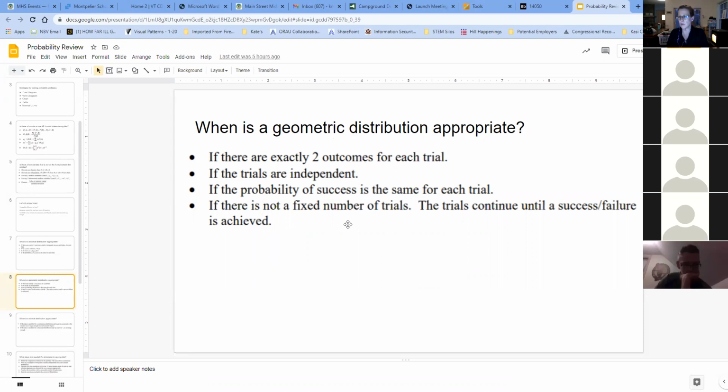Or you're going to, I don't know, keep on doing your homework until you get an A. So much of it is the same. The binomial part, 2 outcomes, yes or no. The independent part, the I for BINS, and we've got the probability of success is the same for each trial. Those things are all the same as binomial, but we don't have that fixed number of trials here. We're just going to keep doing it until success is achieved.